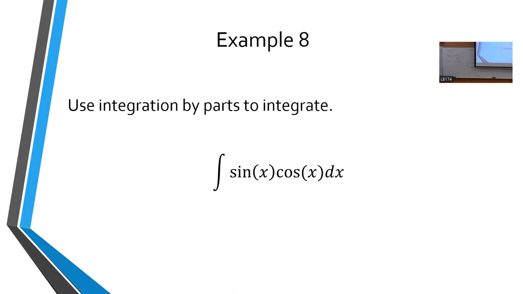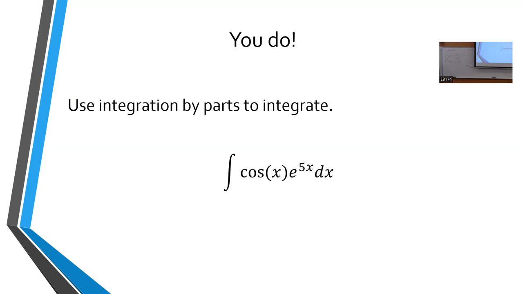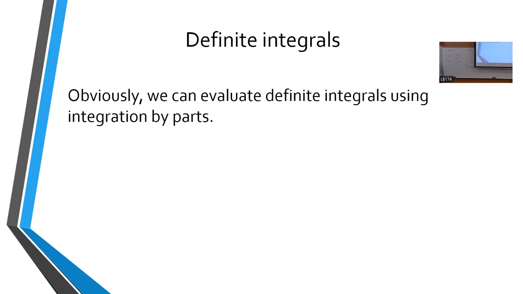So I didn't go over this one, but if you wanted to try to use that same trick with sine times cosine, you could. However, sine times cosine is actually easier to do with substitution. You let your sine be your u, your cosine x dx is now your du. And you can do that other way.